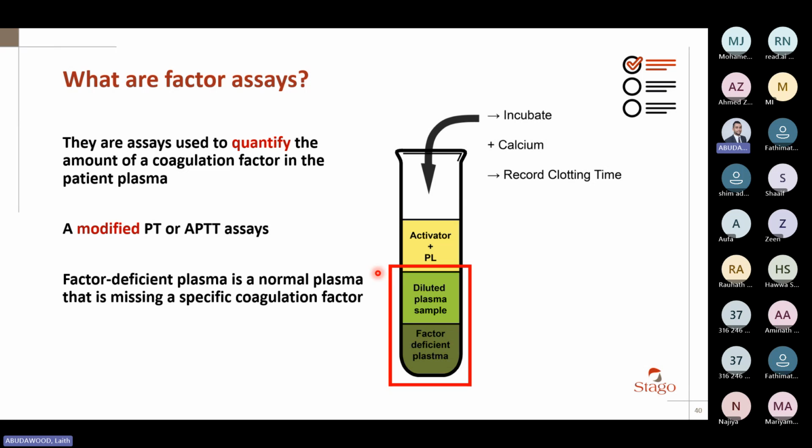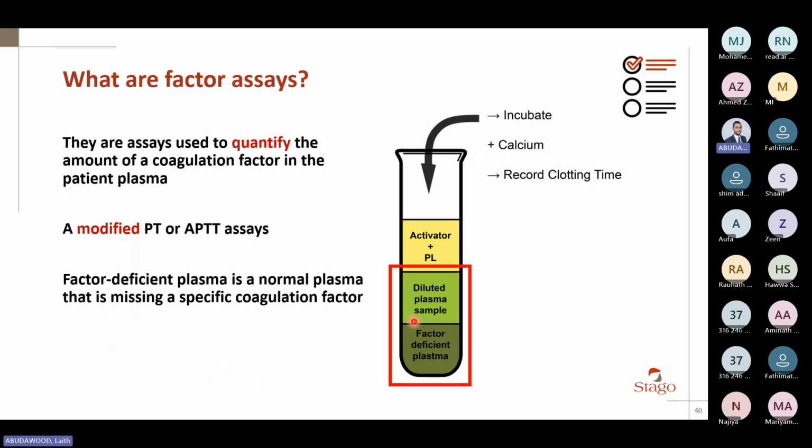Okay. Now, what is really a factor deficient plasma? Factor deficient plasma is actually a plasma that's collected from human donors, but I remove from it the factor that I'm trying to measure in the patient blood.